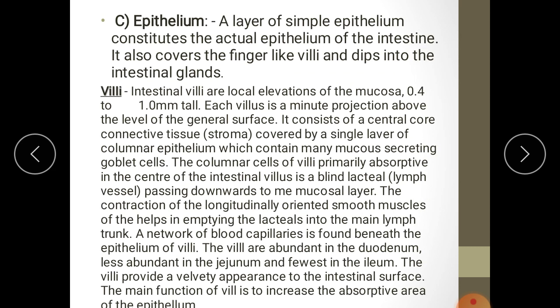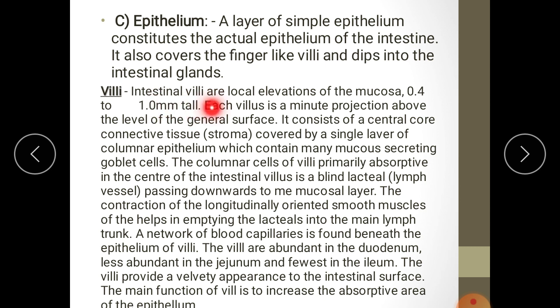Next, epithelium, surface epithelium. The layer of simple epithelium constitutes the actual epithelium of the intestine. It also covers the finger-like villi and dips into the intestinal glands. See, the surface epithelium also extends to the intestinal glands. So let us discuss the structure of villi.